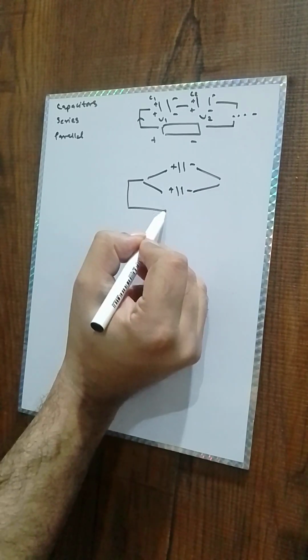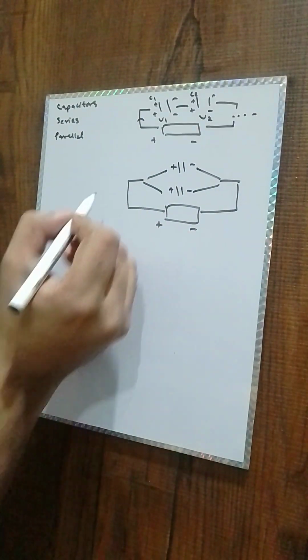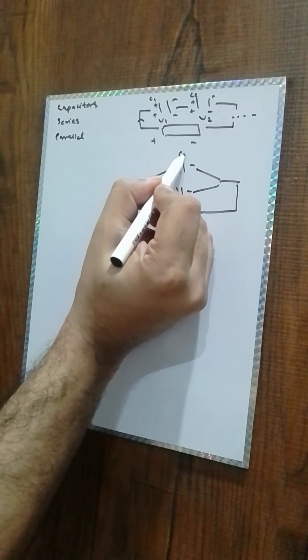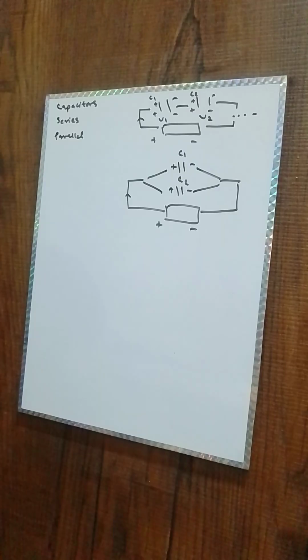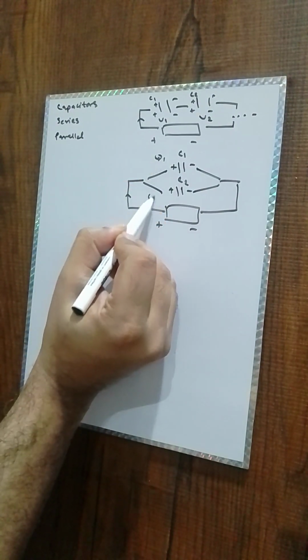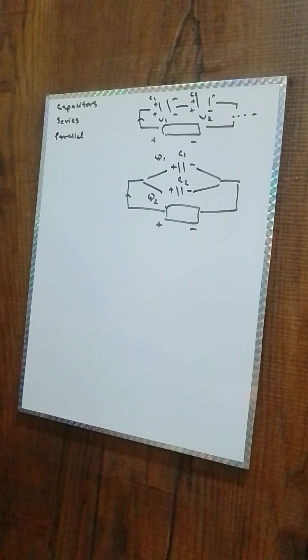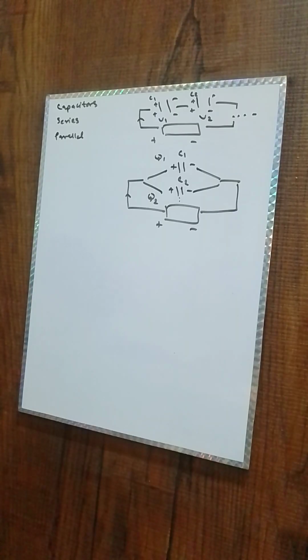Okay, so now we have this C1 here and C2 here, and we have this voltage difference. It's actually V across the whole set, and so what we have is basically the splitting of the charges. So here we have this Q1 here, we have Q2, and this can go on if you want to expand the circuit.